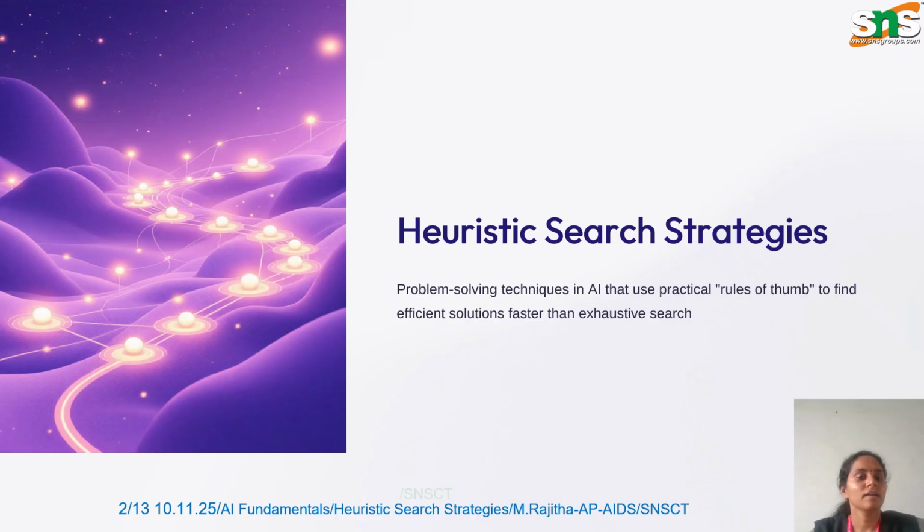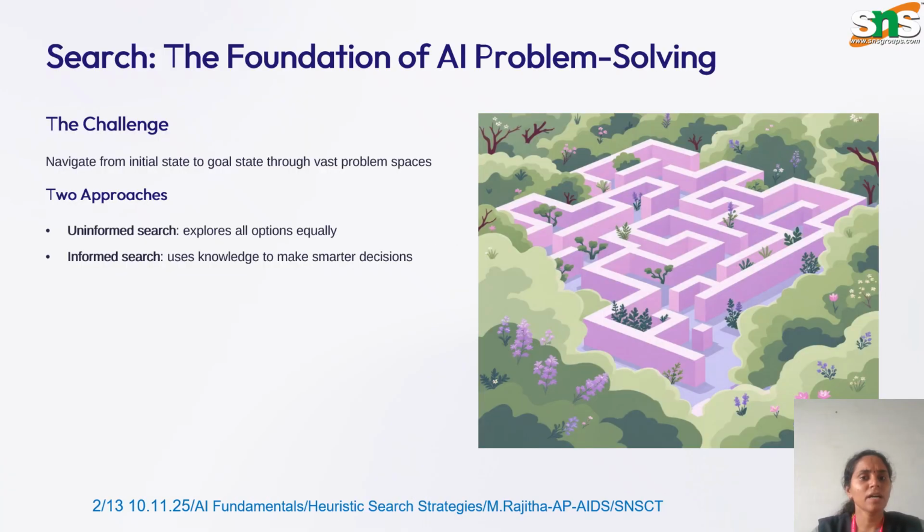Uninformed search, which explores blindly without any extra information, and informed search, which uses prior knowledge or hints to make better decisions. Heuristic search belongs to the second type. It uses intelligence to search more efficiently.